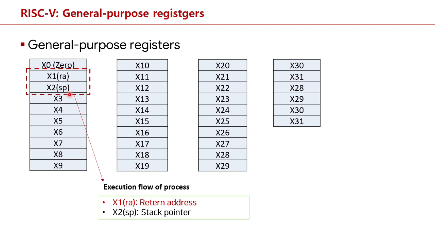As for the SP register, this is the stack pointer register. It is also called the X2 register. It points to the top of the stack in memory. The stack is used to store local data, saved registers, and return addresses.